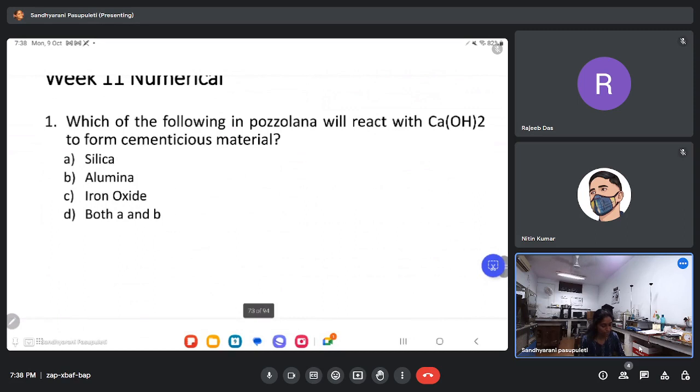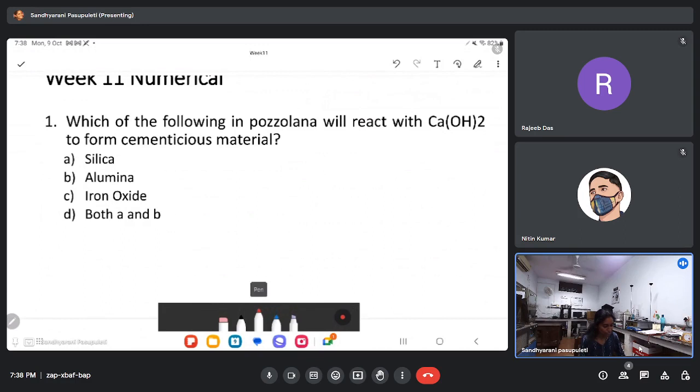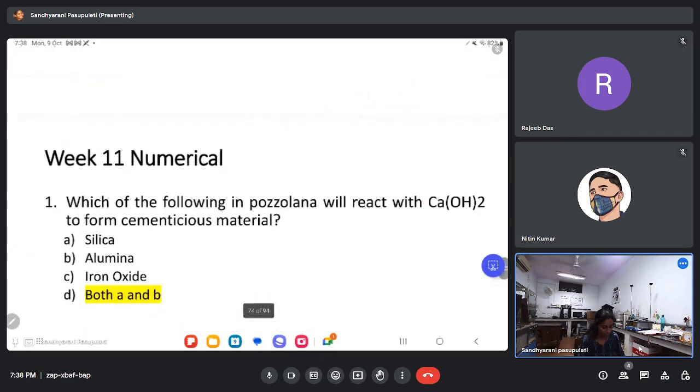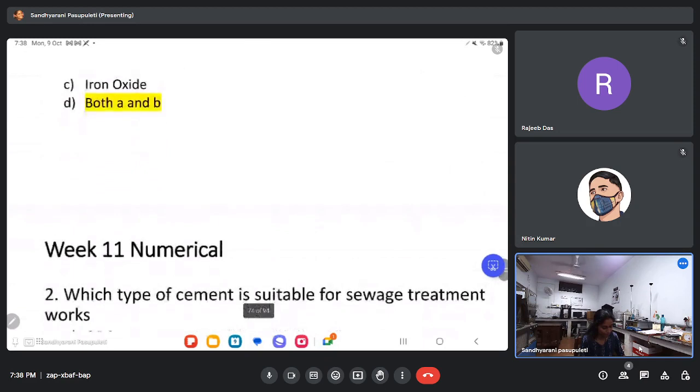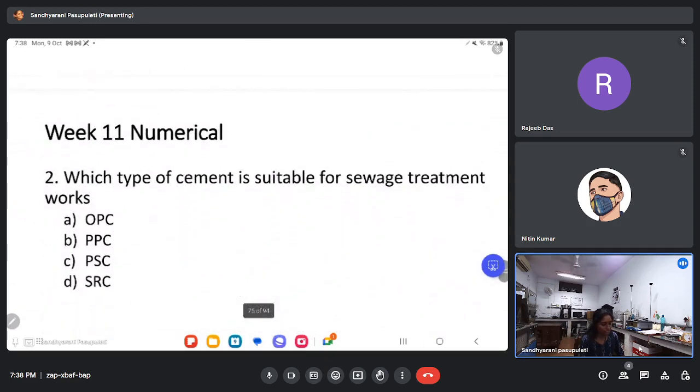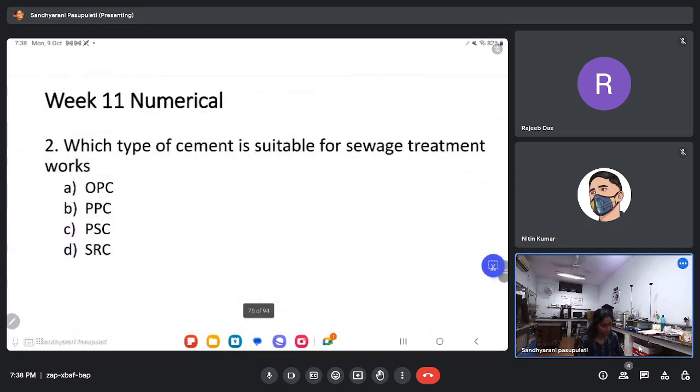Okay. Which of the following in pozzolana will react with calcium hydroxide to form cementitious materials? So if we want to form cementitious materials, the raw material should always be either siliceous or aluminous. Both A and B. Which type of cement is suitable for sewage treatment?